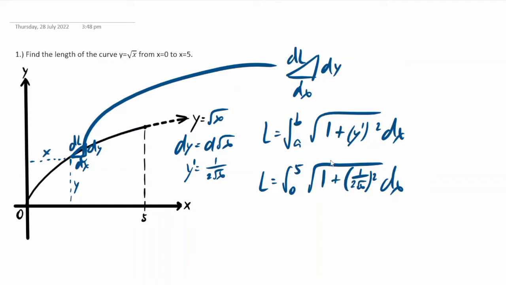So if you plug in the integral with limits from 0 to 5, square root of 1 plus (1 over 2 square root of x) squared, you will get the answer of L equals 5.64 units, because this is just the length of the curve. So this is our final answer for this.